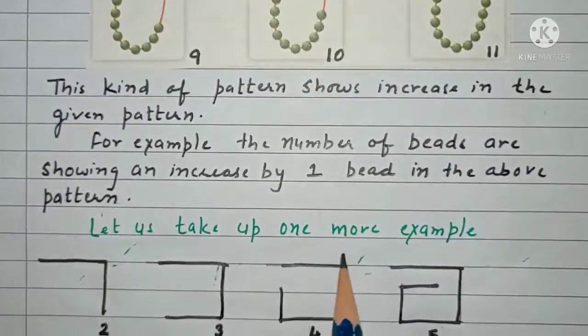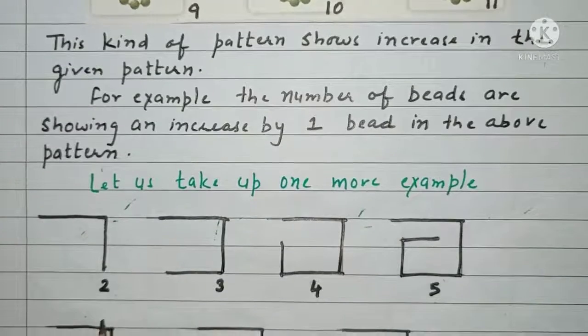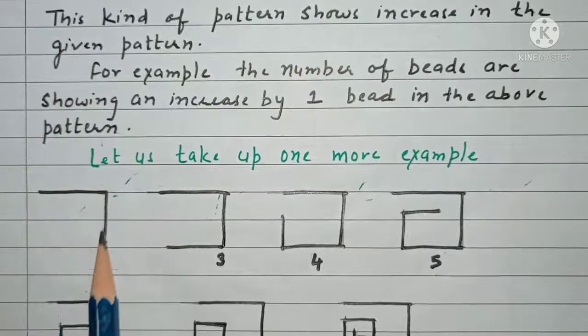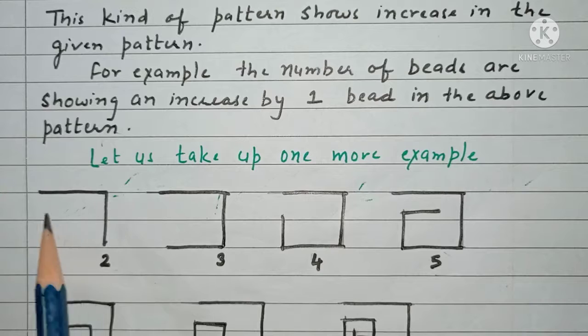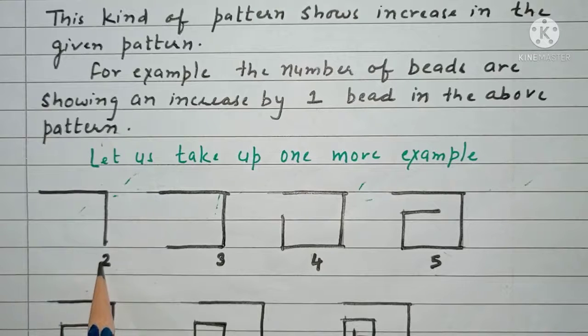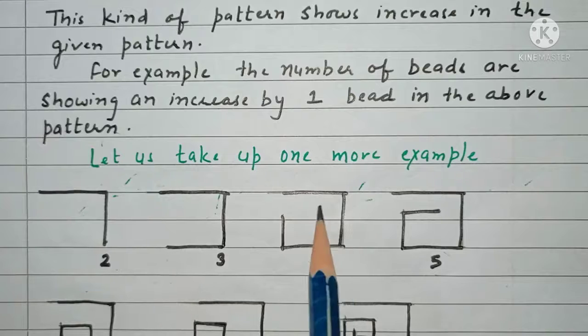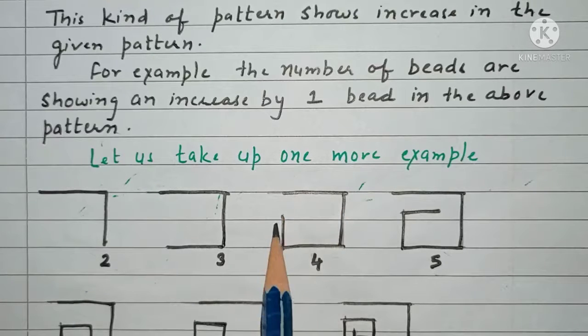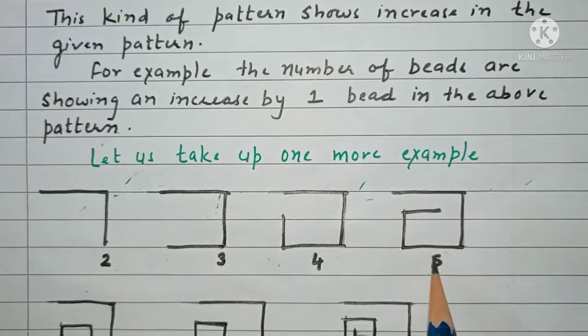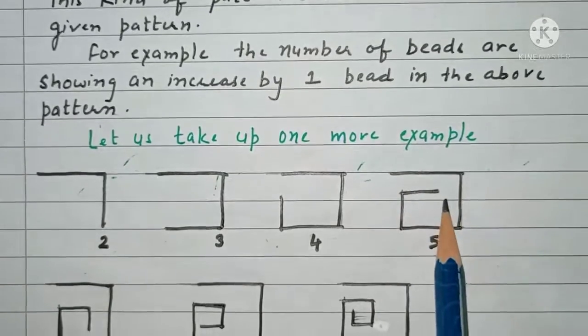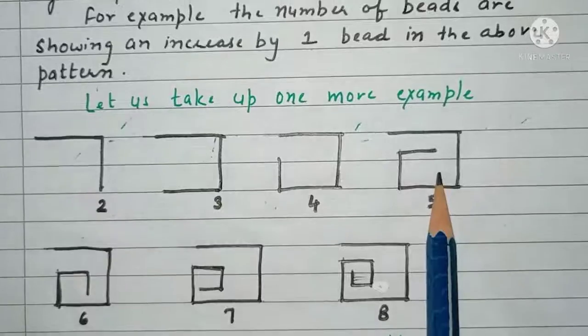Let us take up one more example. As you can see here, the number of lines. The first pattern is showing you 2 lines. Then we are having 3 lines. The next figure is showing how many lines? 4 lines. After 4 lines, we have 5 lines. Now, how many lines should be there now?